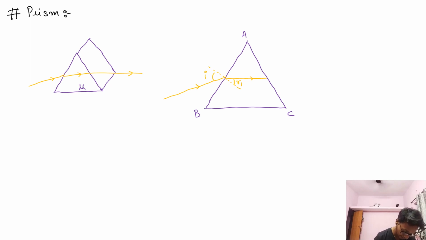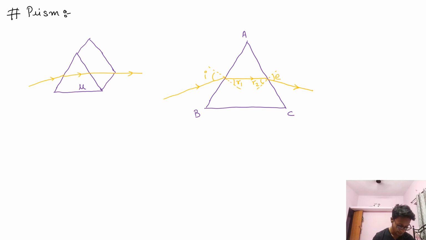As soon as it reaches the second surface, it will again refract. On this surface AC, the normal is given by this line, and while escaping, the ray of light escapes something like this. Let us name this angle R2 and this angle E.